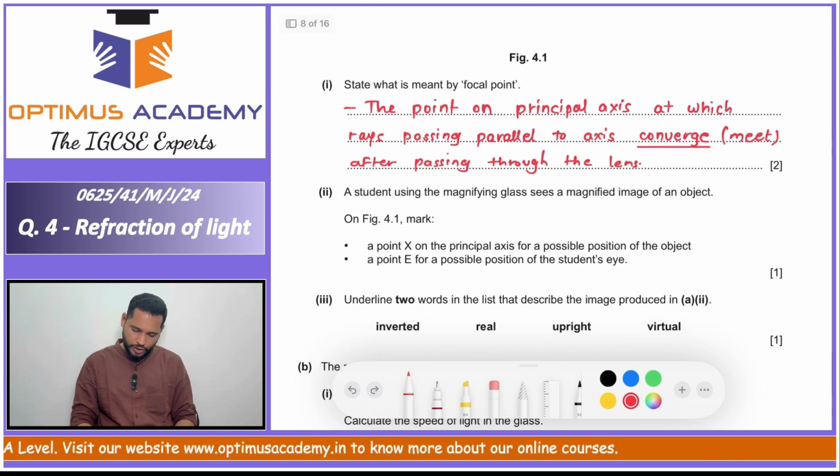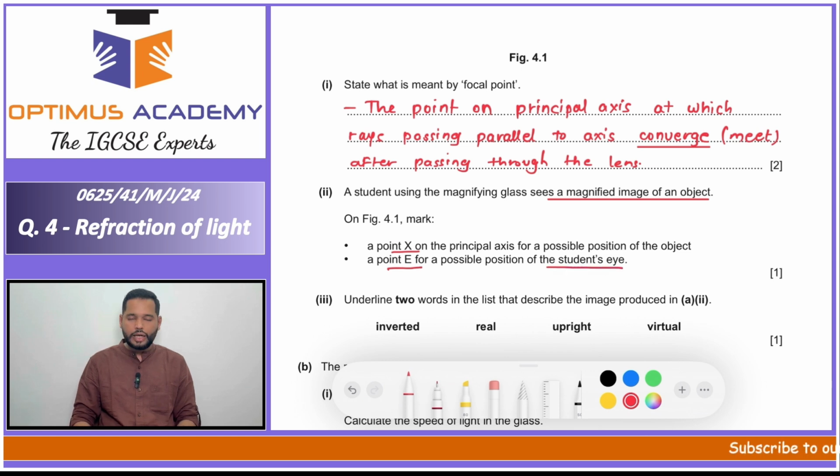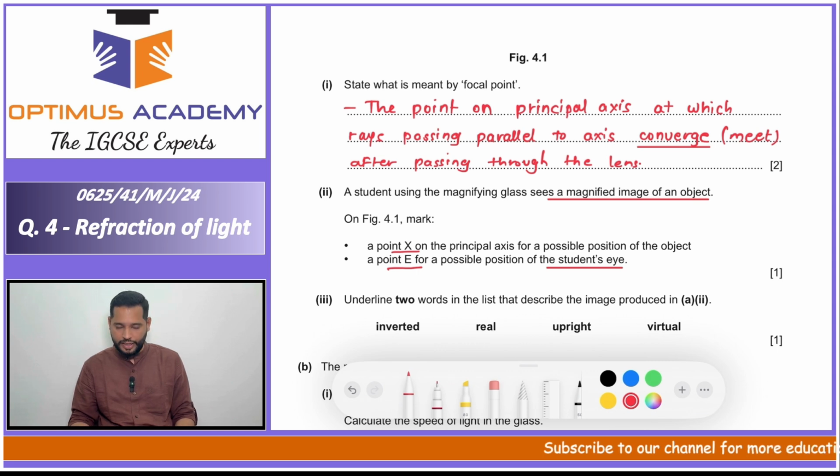They are asking, a student using the magnifying glass sees a magnified image of an object. On figure 4.1, mark a point X on the principal axis for the possible position of the object and point E for the possible position of the student's eye. Now we need to understand when the convex lens is used as a magnifying glass.